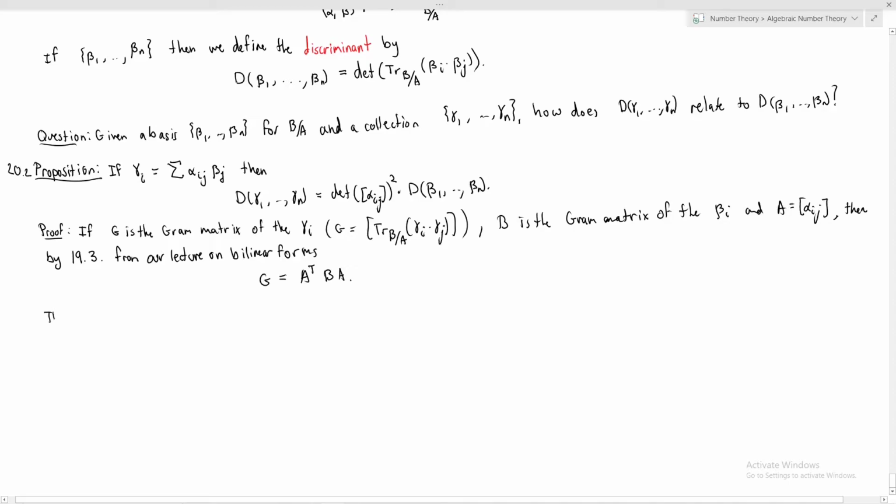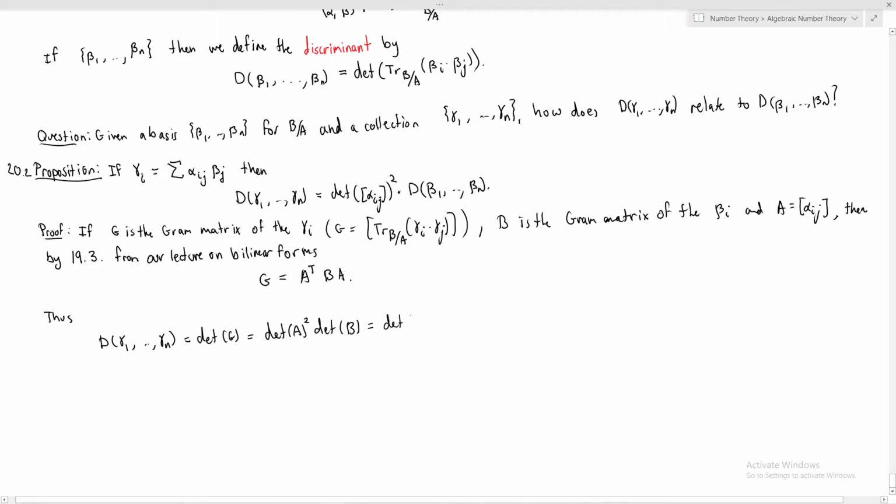Thus, the discriminant of the gamma i's is the determinant of G, which is, splitting this and using the fact that the transpose doesn't actually change the determinant, the determinant of A squared times the determinant of B, and you can see these are by definition basically the result we want.